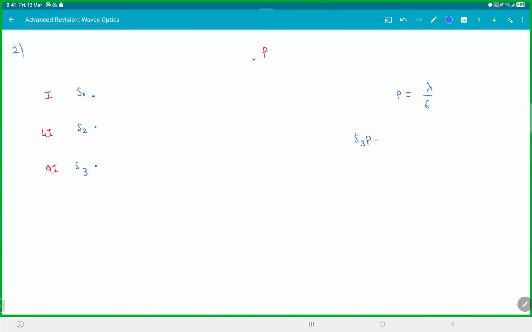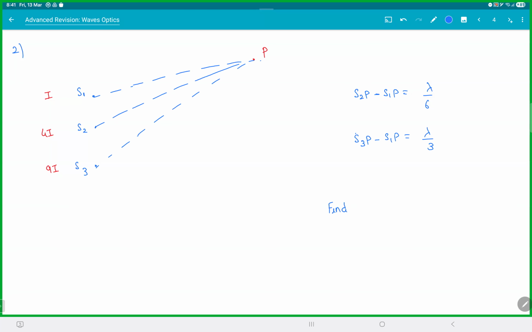S2P minus S1P is lambda by 6, and S3P minus S1P is lambda by 3. So we have three sources, so it's an interference due to three light sources. Find the intensity at point P.